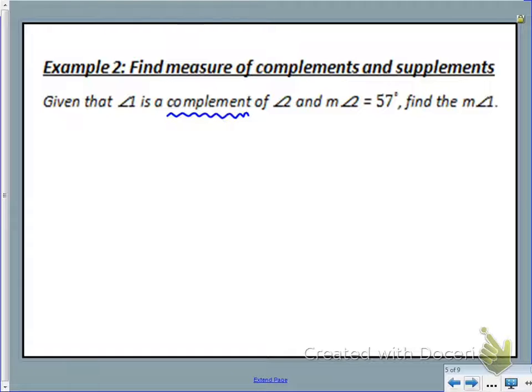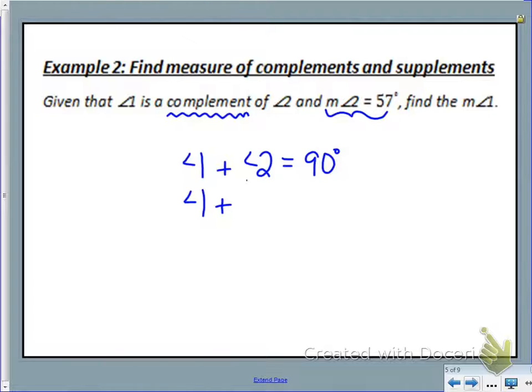Well, the first thing I would do is create an equation showing the relationship of complementary. Well, angle 1 is told to be complementary to angle 2. Therefore, they must add to be 90 degrees. So, it would be true that angle 1 plus angle 2 is 90 degrees. We also know that angle 2 is 57 degrees. So I'm going to use substitution. That's a property we heard a little earlier in the unit.